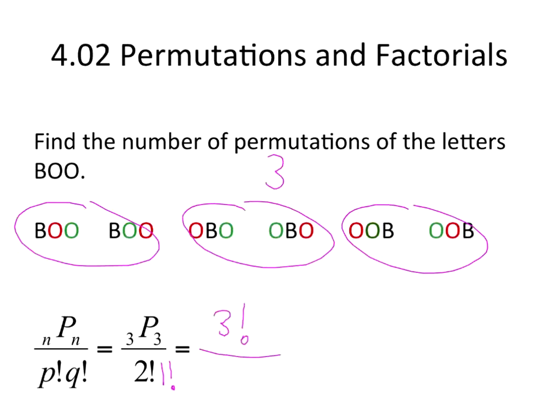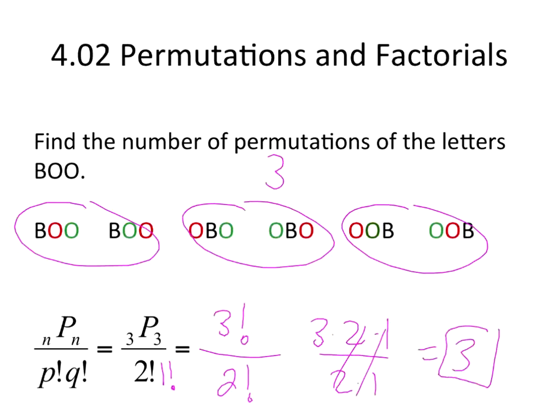On the bottom, I really just have 2 factorial. So if I want to write them all out, I don't have to, but I can. 1 factorial is also just 1, because 1 can't multiply by anything but itself. So we got 3. Using the formula, we got 3, and also by writing it out, we got 3.